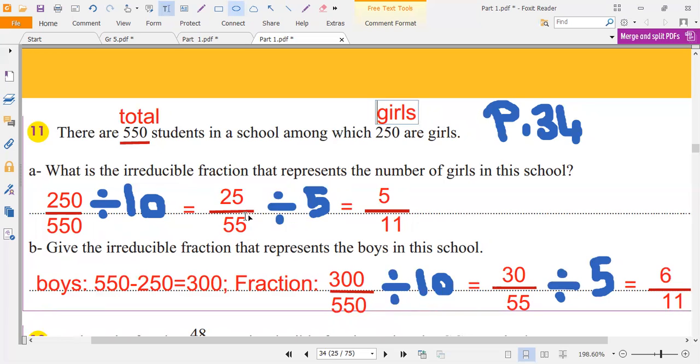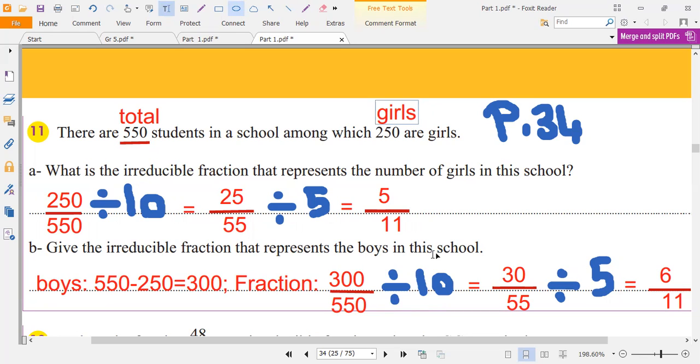And now we can divide by 5 because the ones digits are 5. And 25 divided by 5 is 5. 55 divided by 5 is 11. So the irreducible fraction that represents the number of girls is 5/11.